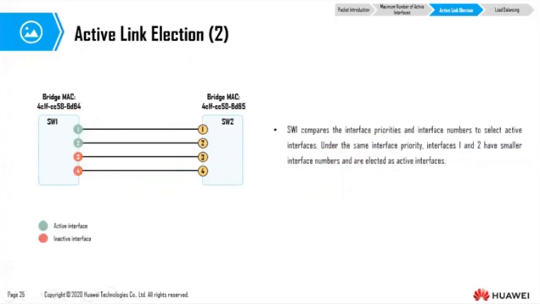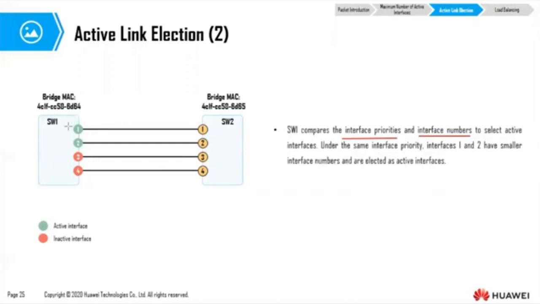So active link election: switch 1 will compare the interface priorities and interface numbers to select active interfaces. Under the same interface priority, interfaces 1 and 2 have the smaller interface numbers and are elected as active links.